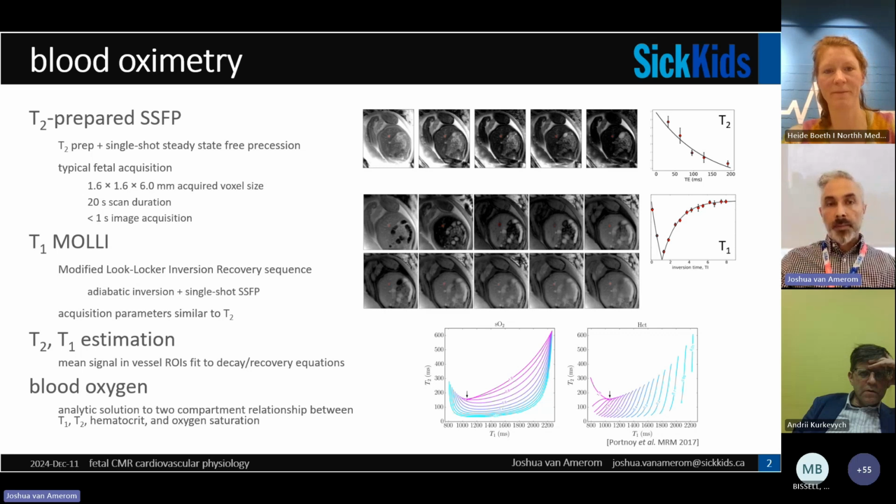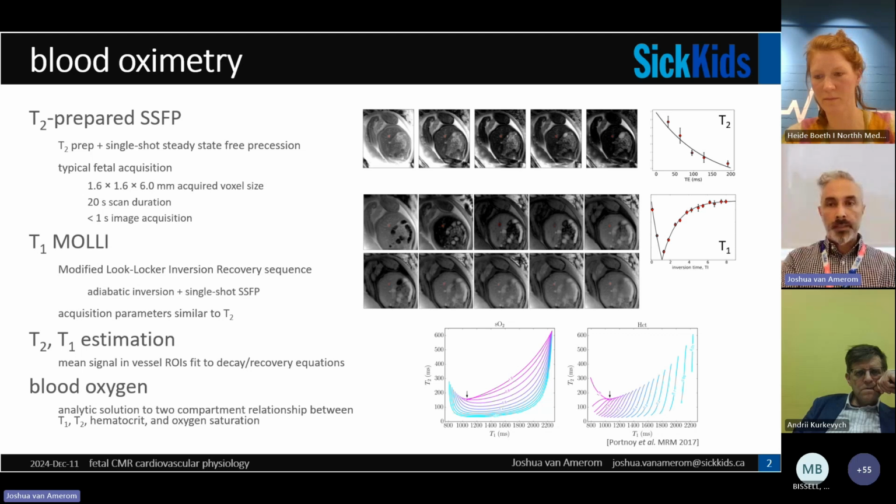So you get a series of images with different preparations or inversions, and then to estimate the T2 and T1, you fit the mean signal within a region of interest that you can move around from image to image to adapt for the movement, and then estimate the T2 or T1 from that fit. And then some nice work from Sean Portman here.